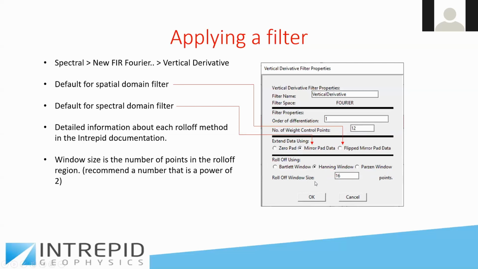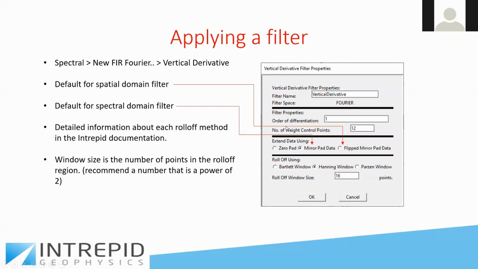Returning to the weight control points. I'm not sure that I understand, since this vertical derivative is a moving window filter. Correct. Not a Fourier.